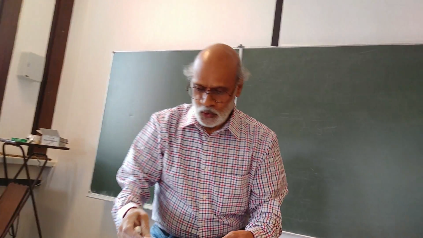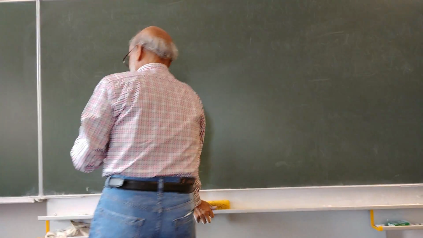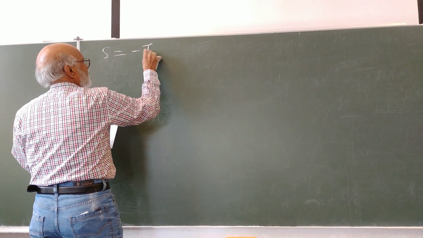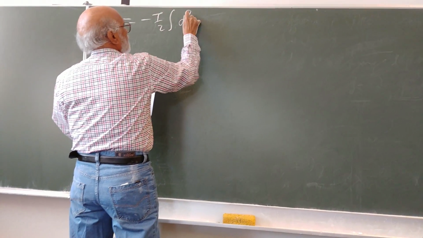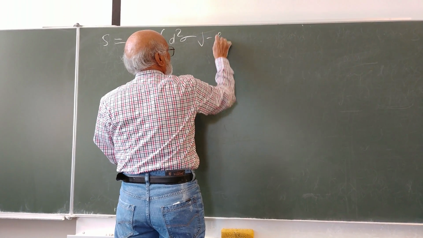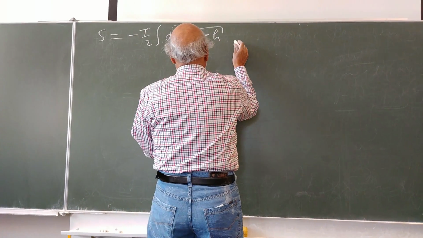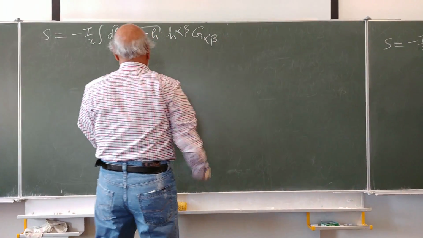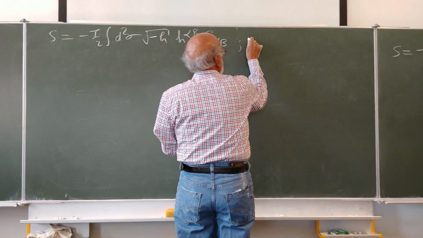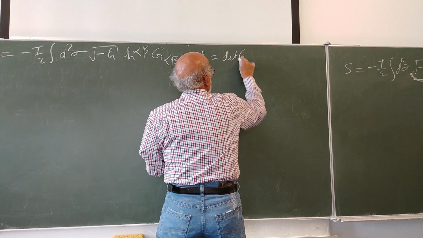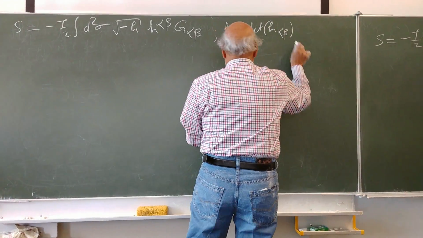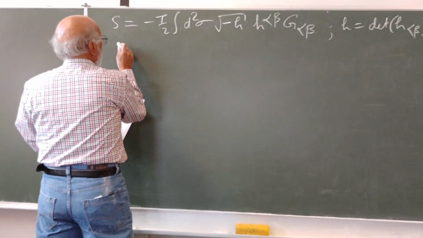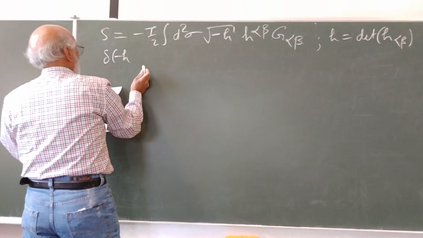So this is what I have precisely now. My S is minus T by 2, d2 sigma, square root of minus H, H alpha beta into G alpha beta, where H is the determinant of H alpha beta.